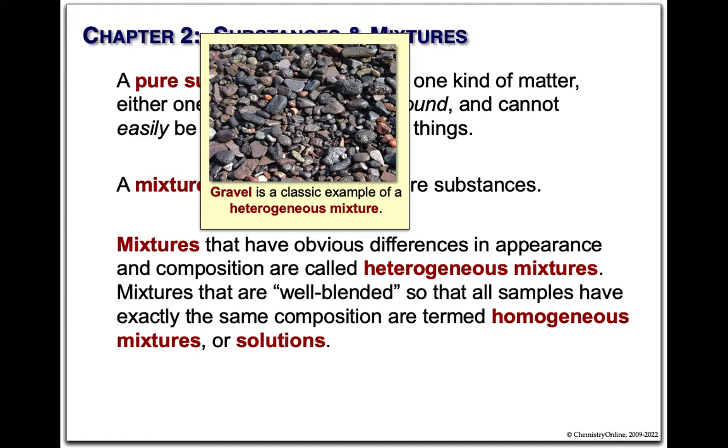The difference between heterogeneous and homogeneous comes down to sample. If I reach in this little pile of rocks and I grab a handful from here and a handful from here, they're different. They're obviously different. This is heterogeneous.